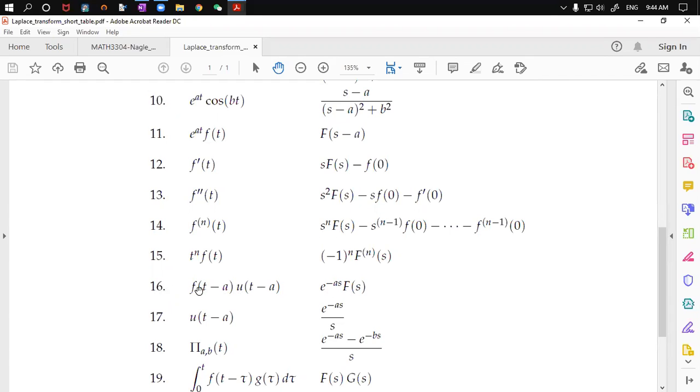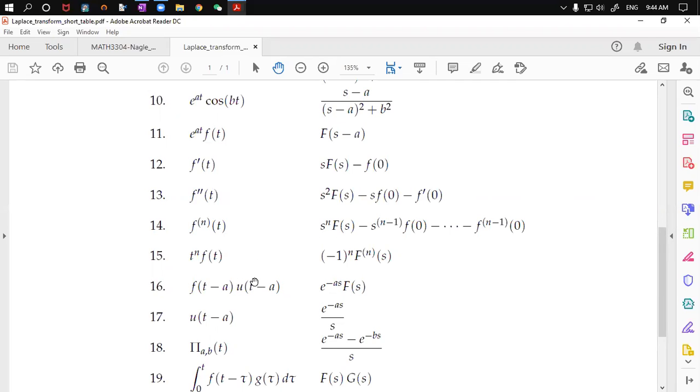You shift f of t into f of t minus a multiplied by u of t minus a, so you shift the original function to the right. Then it results in an exponential shift, e power minus a times s, of the capital F of s. Here they just replaced our c by their a.